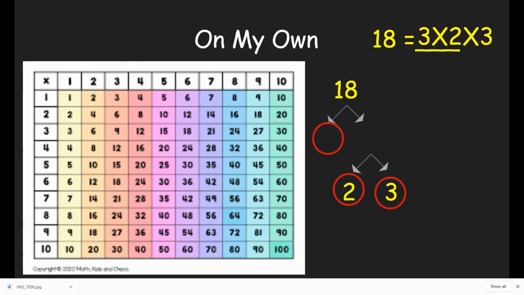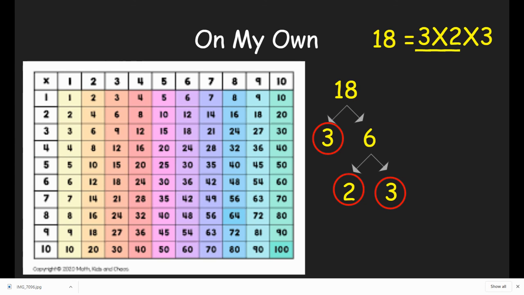I'll give you a couple seconds to look for yourself and test to see if you are right with me. You could have said 9 and 2, or you could have said 6 and 3. Let's do 3 and 6.